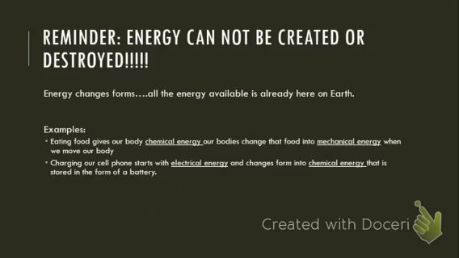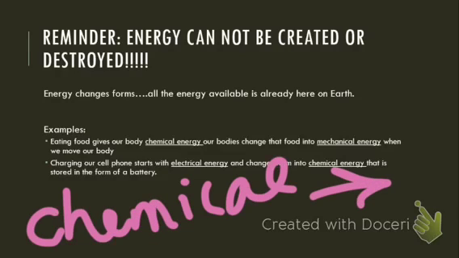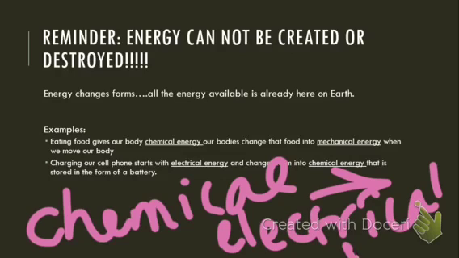Another example is charging our cell phones. We start with electrical energy because we plug that into the wall, and it changes into the form of chemical energy that is stored in the battery. And then once we unplug our phone and we're using that battery, we're using another energy transfer, which is going from chemical, from the battery, to electrical, and probably some radiant because the light on your phone is going to come on.